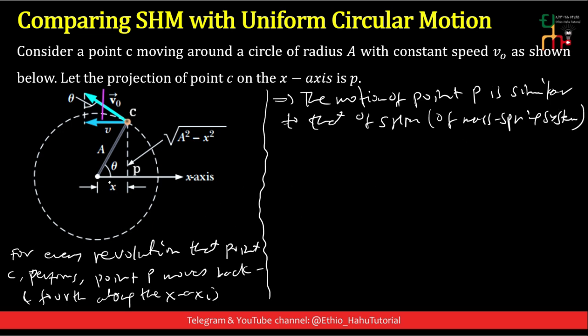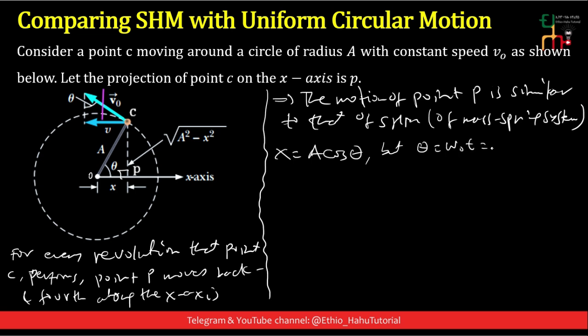Let's find x, the position of point P from the equilibrium position. Hence, x is equal to A times cosine of theta, because this is a right angle triangle. But theta is the angular displacement made by the particle, and theta is equal to omega naught times t. But what is omega naught?